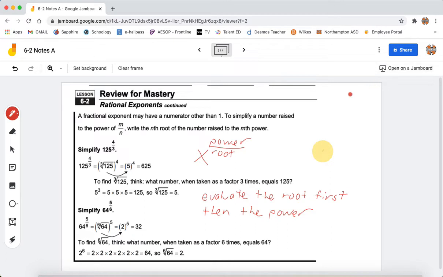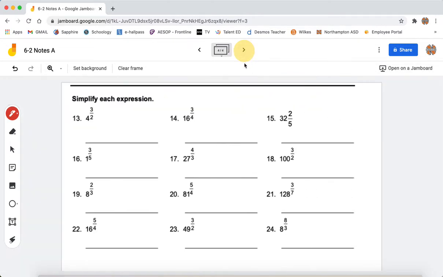All right, so root first, then the power. So let's go through those problems then. 4 to the 3/2 power, so we're going to take the square root of 4 and get 2. Then I have 2 to the 3rd is 8. 16 to the 3/4, so the 4th root of 16 is 2.